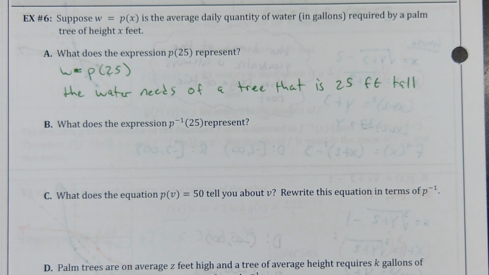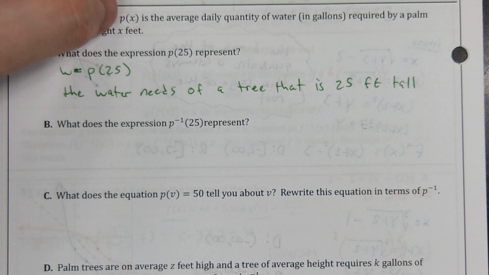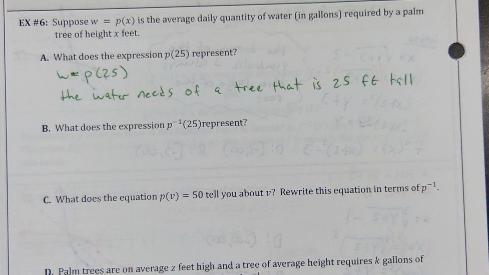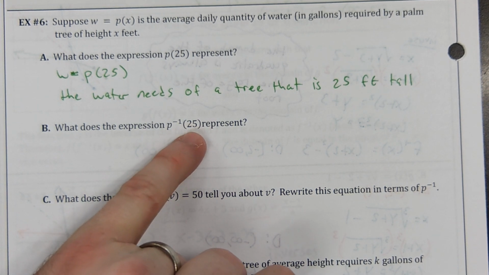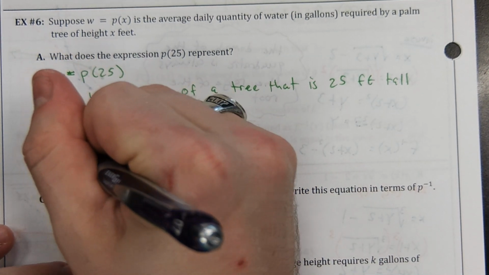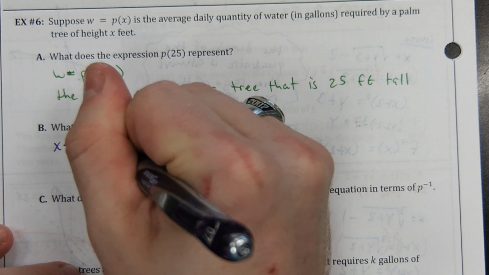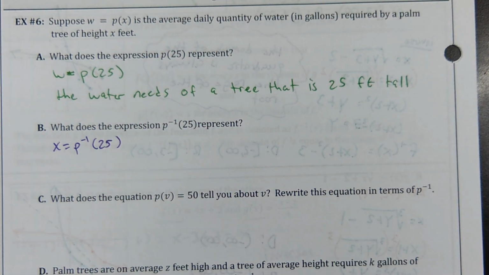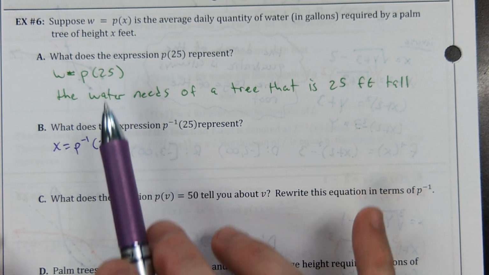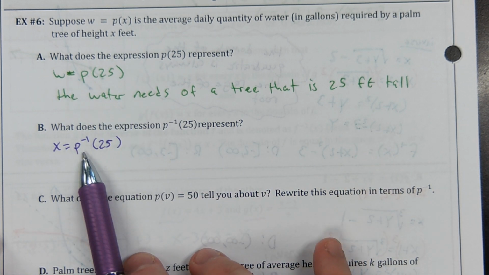Just like the mangoes example, the moment we move over to the inverse, our input and output have switched. The input for function P was height. The output was water amount. So for P inverse, its input is now a water amount. So this is x equals P inverse of 25. It's x equals, because here it was W equals and the input was an x. So the moment you move over to an inverse, x is no longer an input, it is now an output.